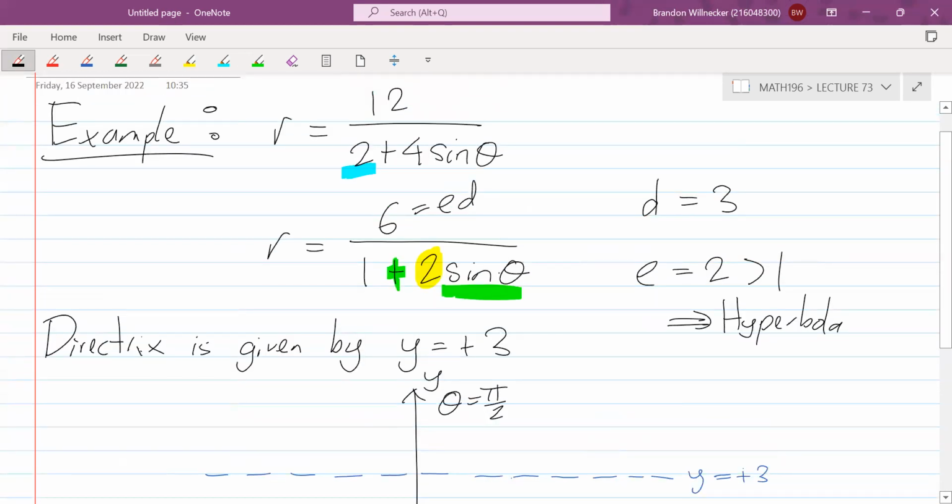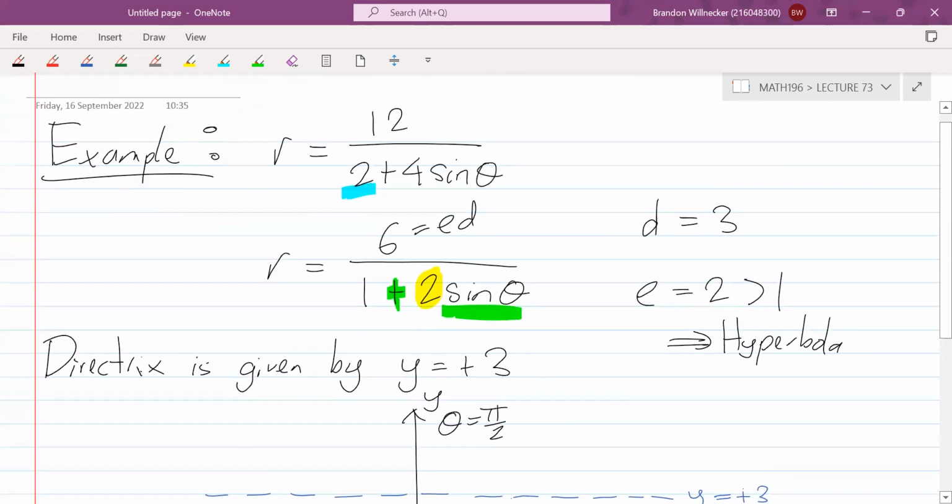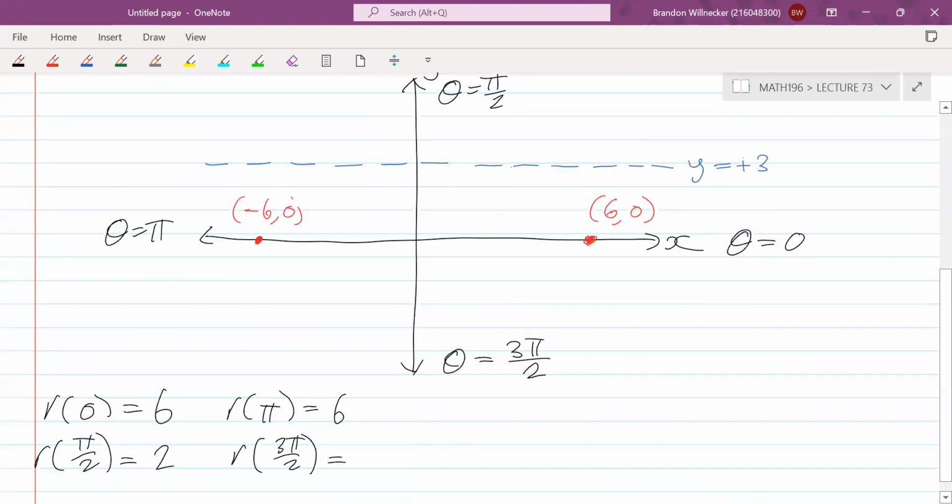If theta is pi over 2, sine theta is 1. So we have 6 over 3, so that's going to be r equals 2. And then r at 3 pi over 2. Sine of 3 pi over 2 is going to be -1. So we're going to have 6 over 1 minus 2, so that's 6 over -1. So that's -6.